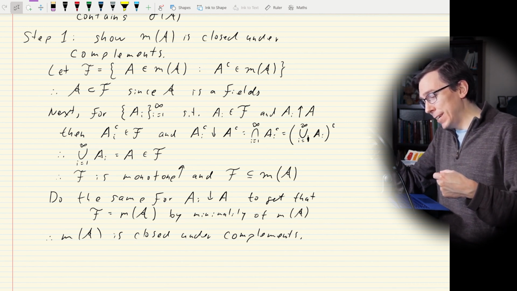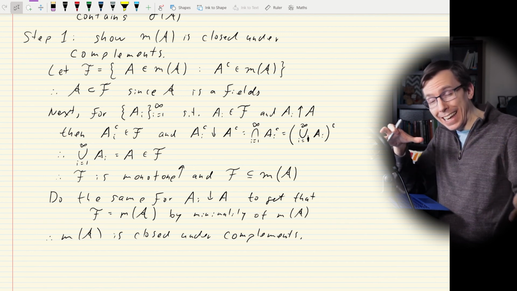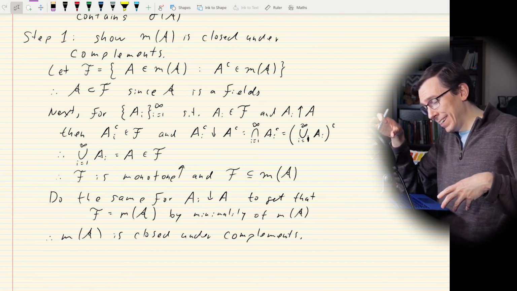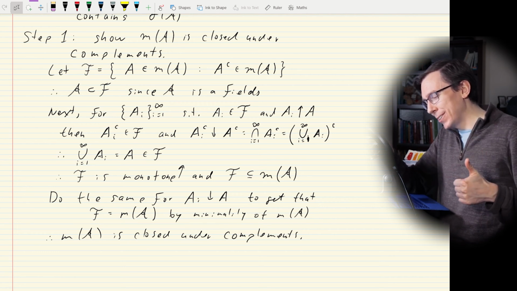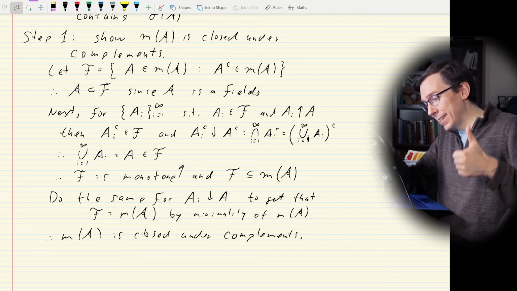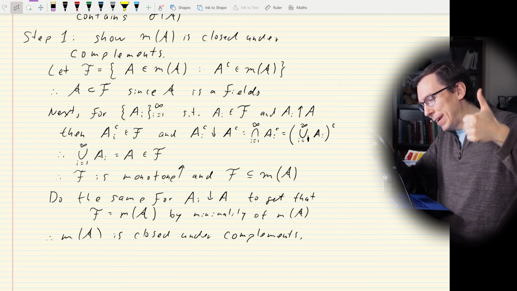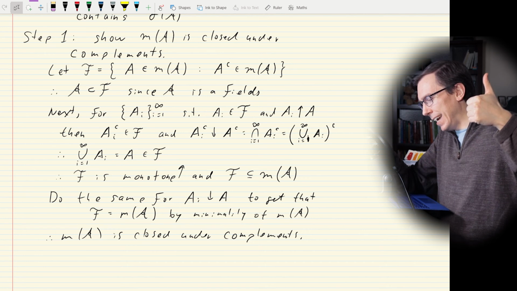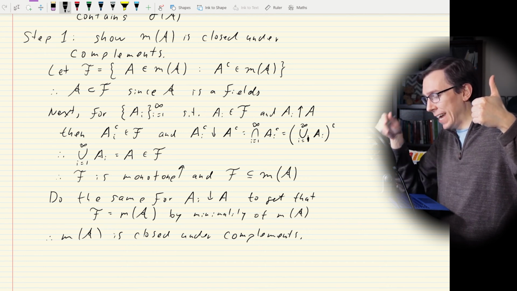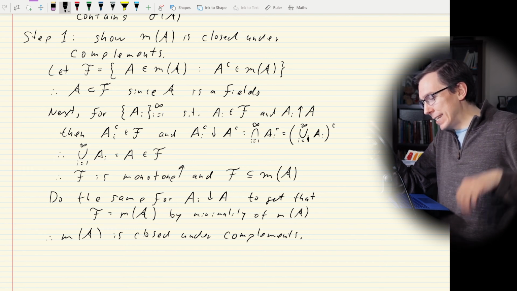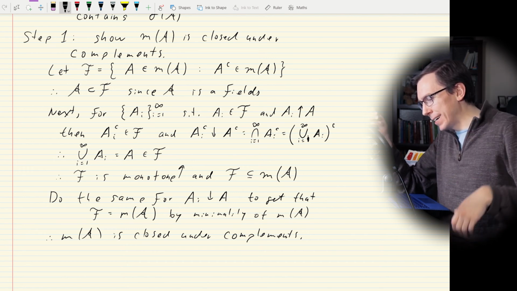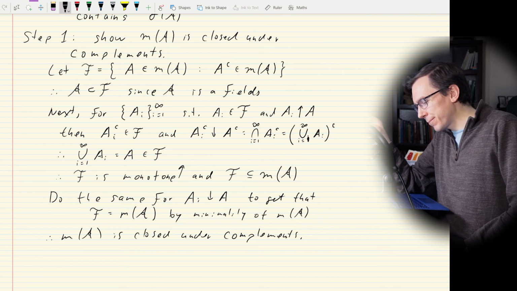So what we do is we start with A. First of all, F contains script A. And we can show that if F contains an increasing collection of sets, then it's going to contain its union because both its union and the complement of its union exist in MA. And similarly, when we go down with an intersection.